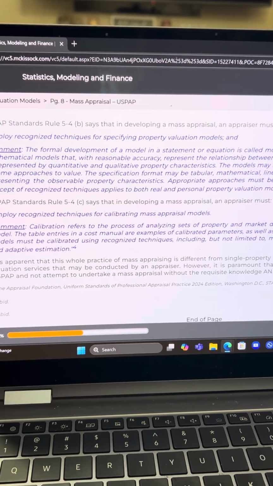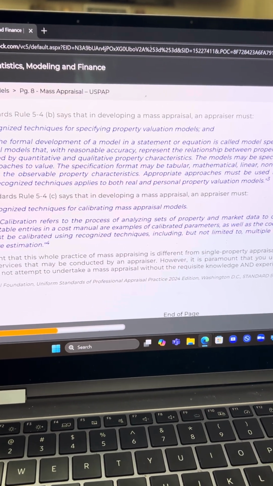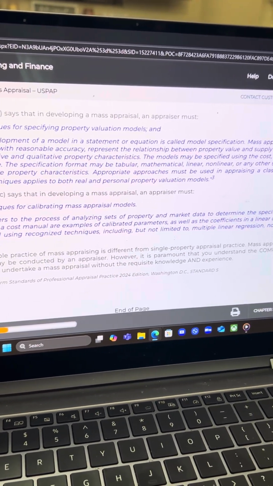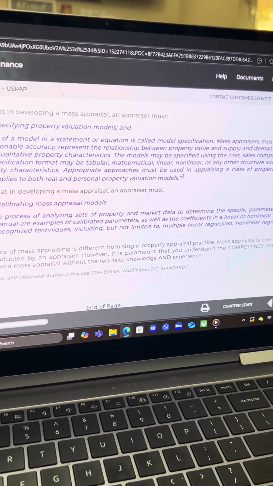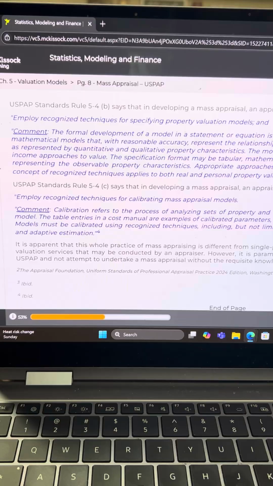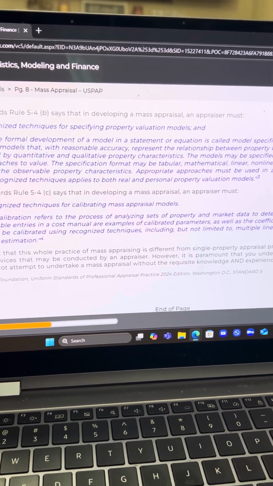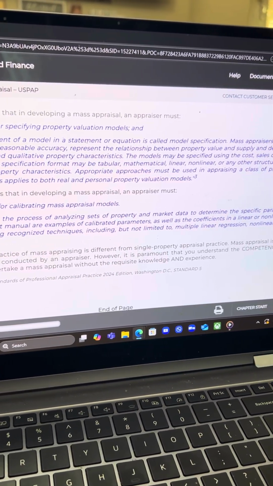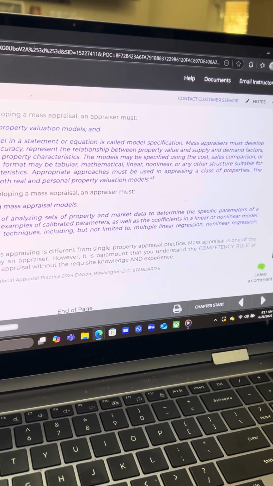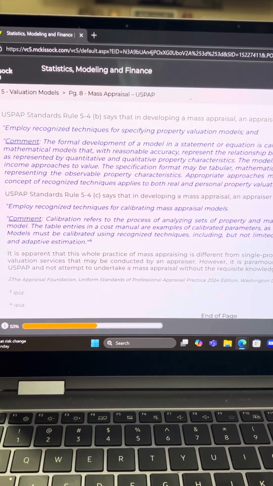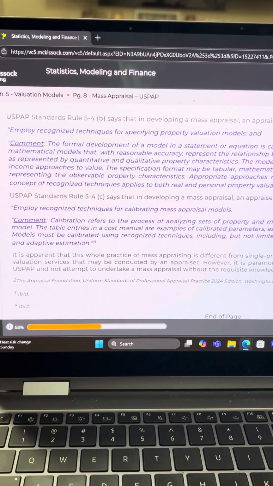The table entries in a cost manual are examples of calibrated parameters, as well as the coefficients in a linear or nonlinear model. Models must be calibrated using recognized techniques, including but not limited to multiple linear regression, non-linear regression, and adaptive estimation.